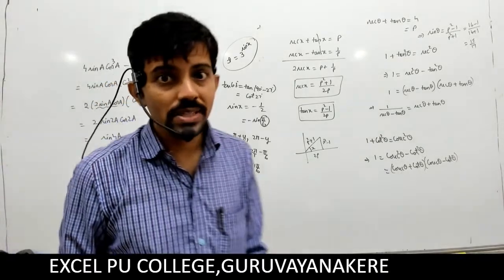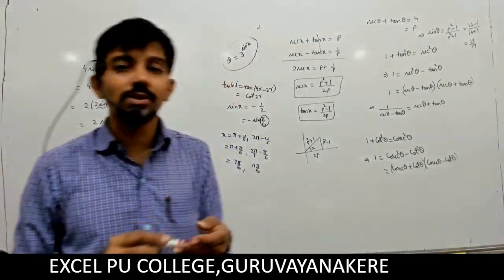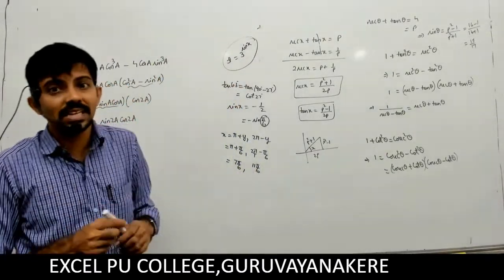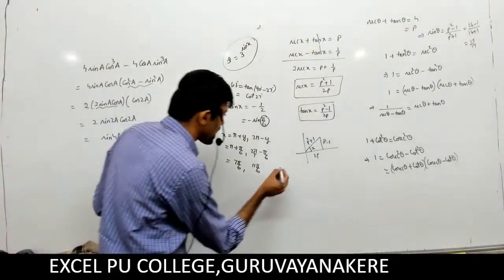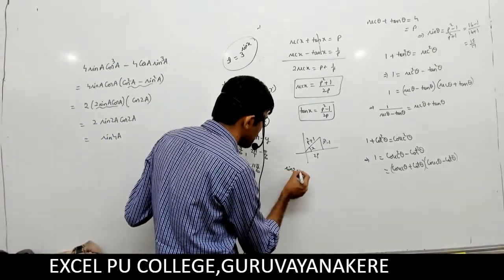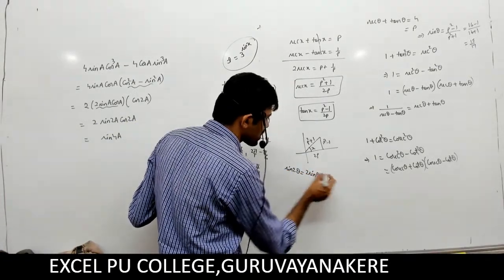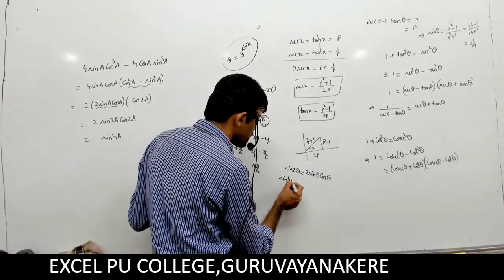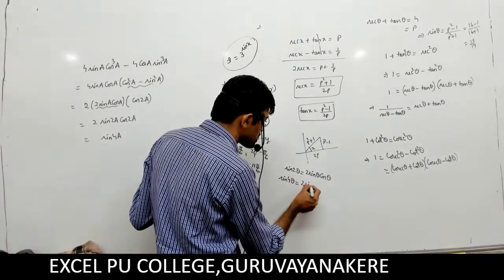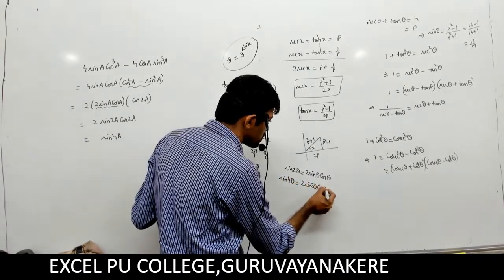Not only sin 2 theta, if I ask what is sin 4 theta, you must be able to tell. What is sin 8 theta, you must be able to tell. Then only it's possible to crack this competitive exam. Sin 2 theta is 2 sin theta cos theta. Sin 4 theta is 2 sin 2 theta cos 2 theta.